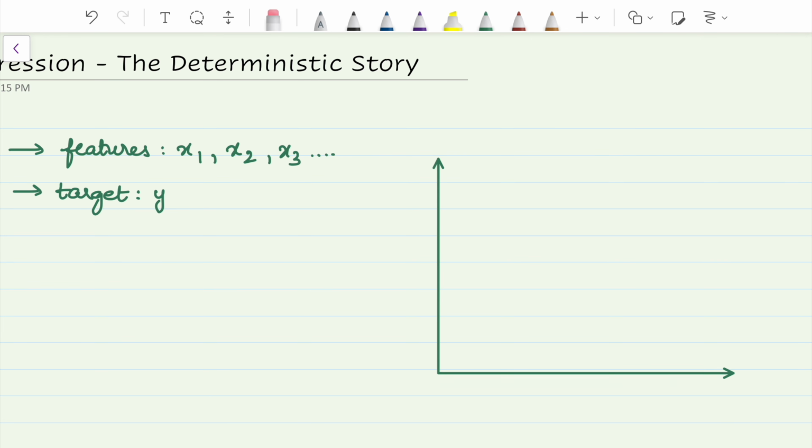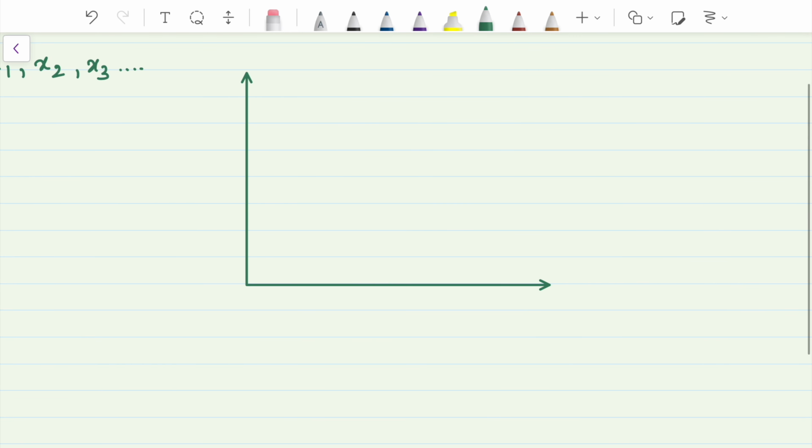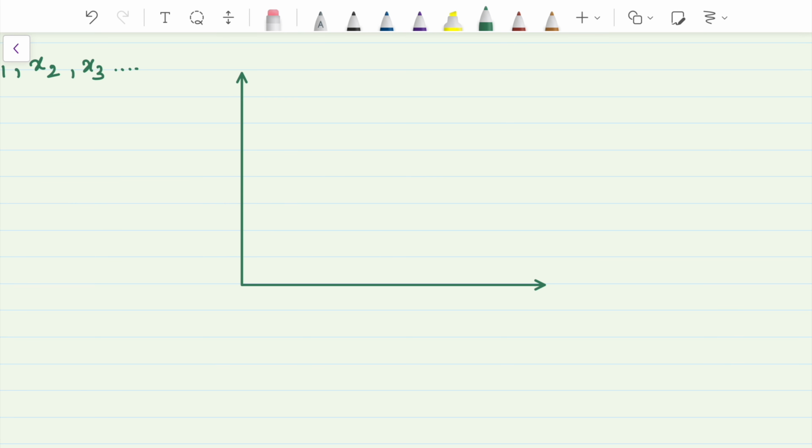Now, let us look at how this can be represented on a graph. For this representation purpose, we assume we just have a single feature which needs to be related with an output variable or target variable y.